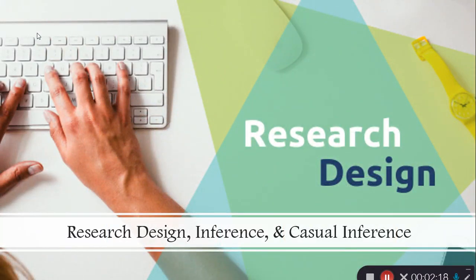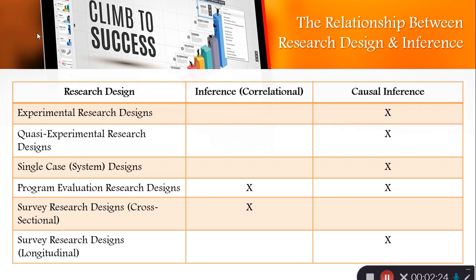We're also continuing to explore the relationship between research design, inference, and causal inference. We already know that these three research designs, experimental, quasi-experimental, as well as single case designs, are appropriate for drawing causal inferences.